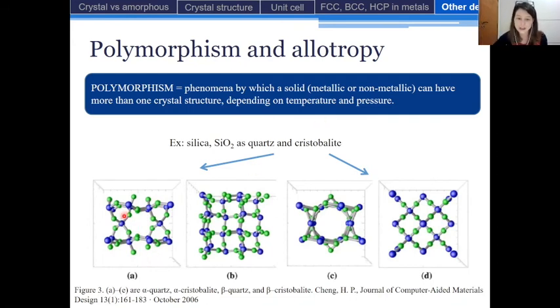As you can see, they are very different from A to D. The atoms are organized in different ways. A1 corresponds to quartz, D1 corresponds to cristobalite, and the kind of unit cells that we will encounter for silica, which has the same chemical composition but different crystalline structure, will depend on the conditions to which this material is submitted, temperature and pressure.